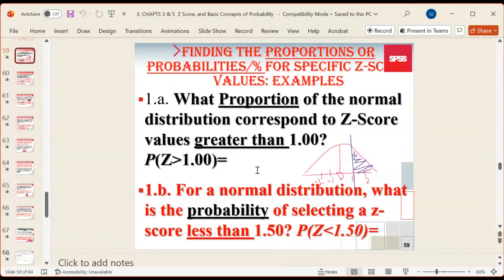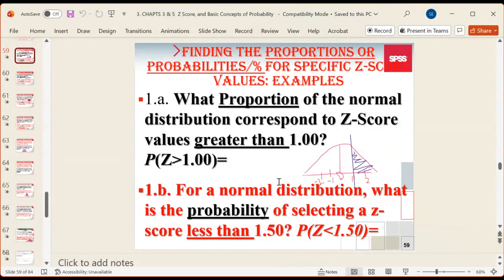So first step, keep in mind, all these activities have 4 steps. Step 1, draw your distribution, like I did right there, normal distribution. Step 2, you draw your z distribution with a mean of 0, a standard deviation of 1, 1, 2 to the right, -1, -2. Then pay attention to the question, see what it is asking you.